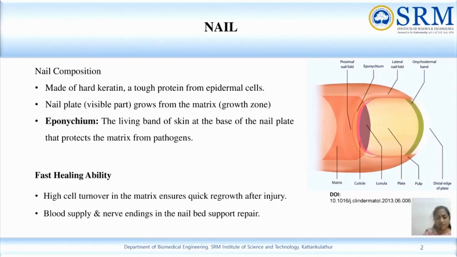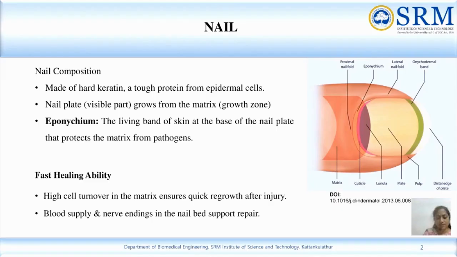So the matrix is basically the growth center of the nail. The living tissue produces new keratinized cells that eventually form the hard nail plate.